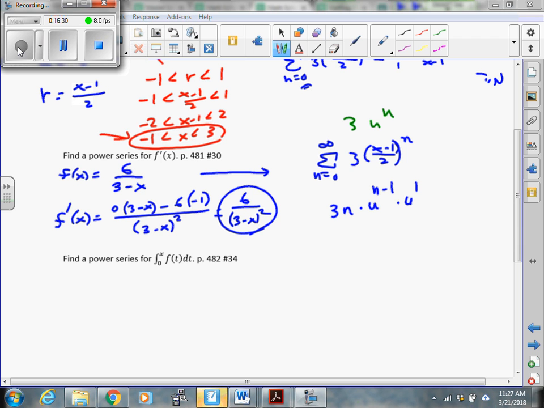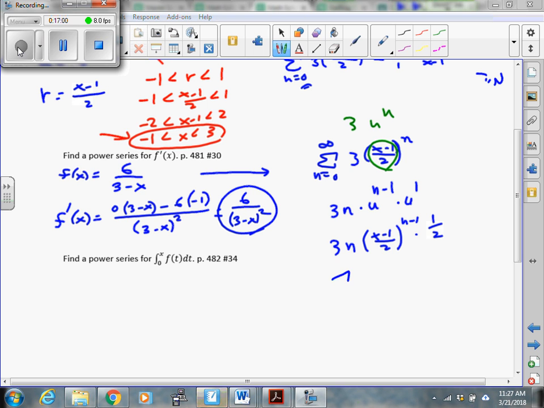So that's basically what I'm doing here. So my new series is 3n u to the n minus 1 times the derivative of the inside of my u, which is 1/2.